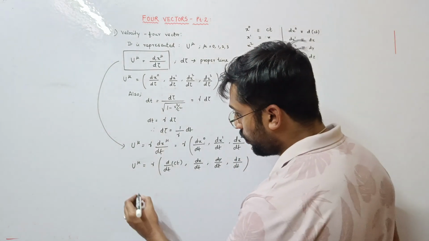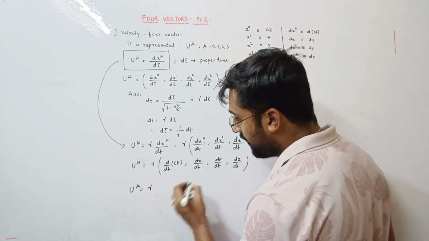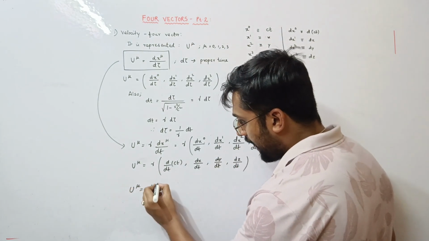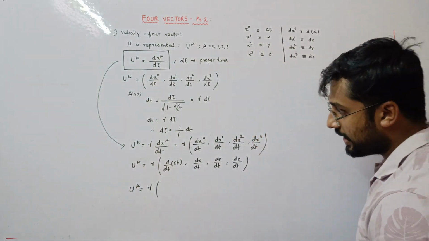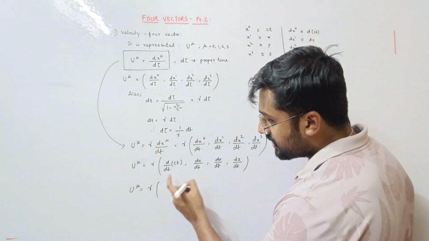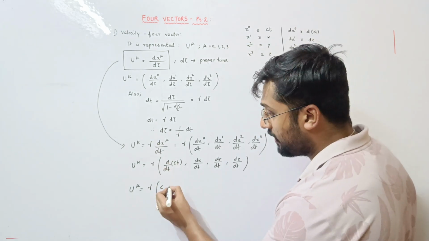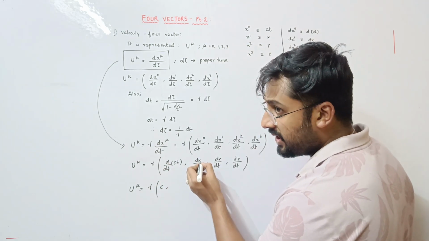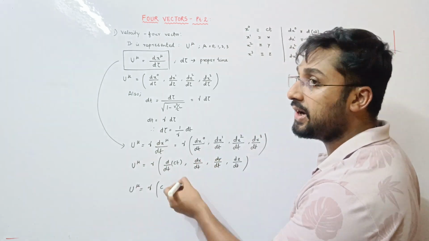So we can write u mu as gamma, and now you see, c is a constant, so it can be taken out, and then we have d/dt of t, which is 1, comma, dx/dt, which is the ordinary velocity defined in Euclidean space.